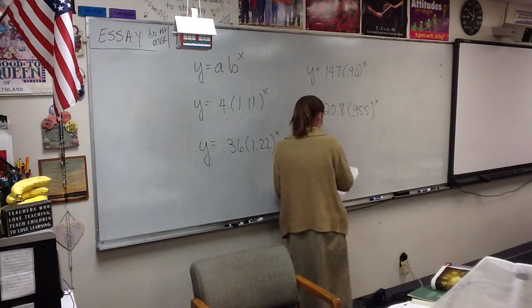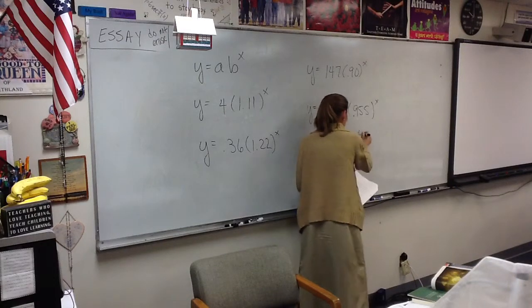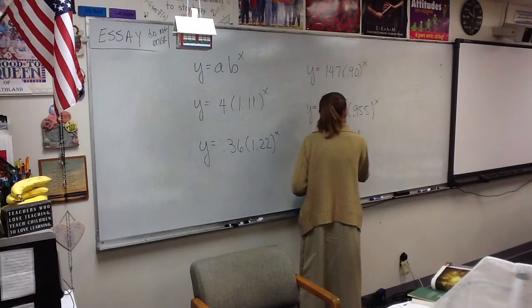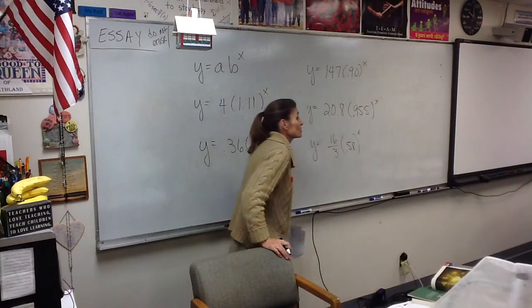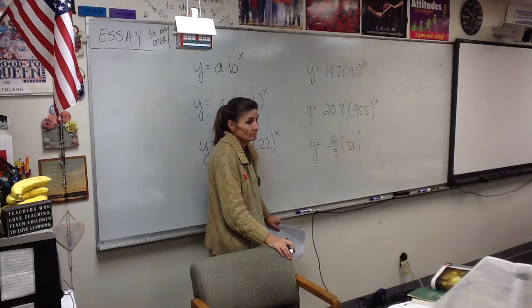Then the last one. 16/3 times 0.58. 0.58 because it's 42% less than 1. Everybody good?